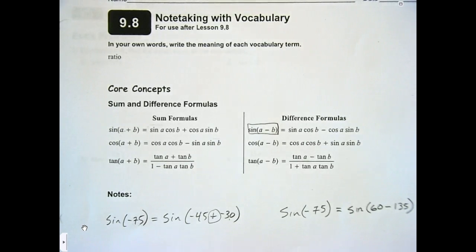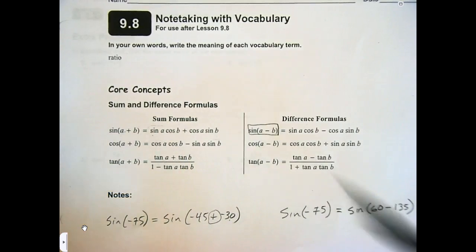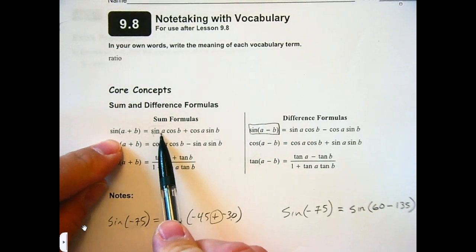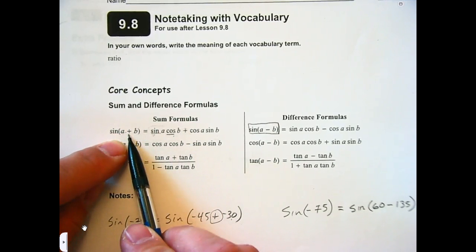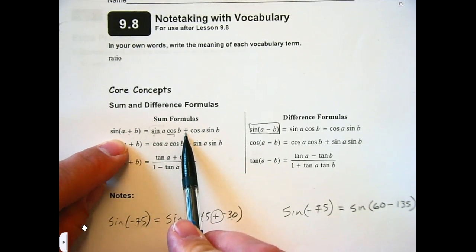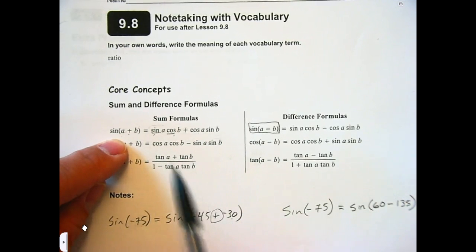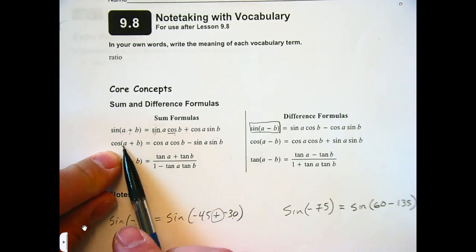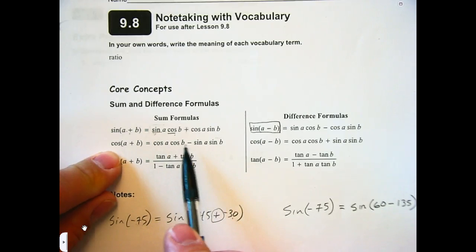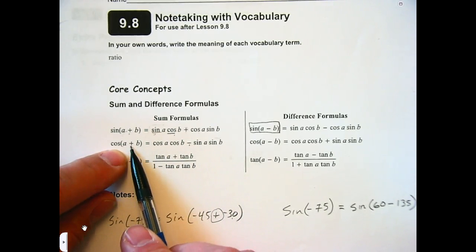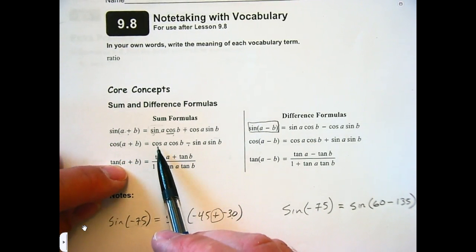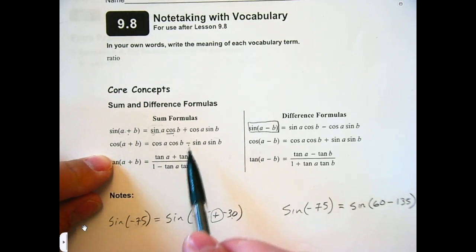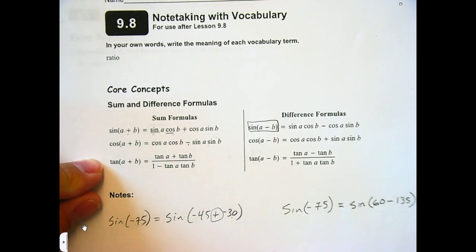Guys, notice on the sine and cosine, one of the patterns I see: on the sine, we have sine cos plus, and when it's a sum formula, we're adding. Versus cosine, where you have cos and then you're subtracting. So cosine, just like x a lot of times, is backwards. It says a sum formula, and then you end up subtracting two amounts here.